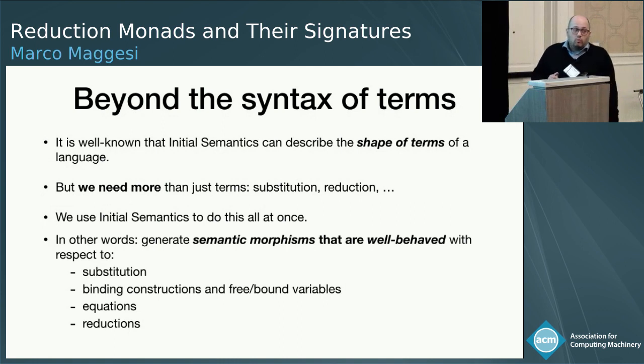The advantage is that you generate semantic morphisms that respect all the features of your language: substitution, bindings, free and bound variables, and equations and reduction. So you can think of the initial morphism as a certified compiler in some sense, in a very abstract way.